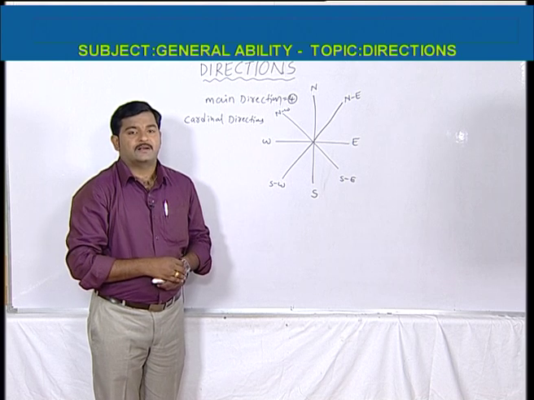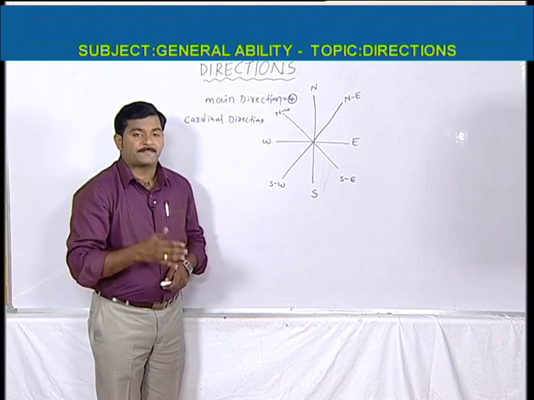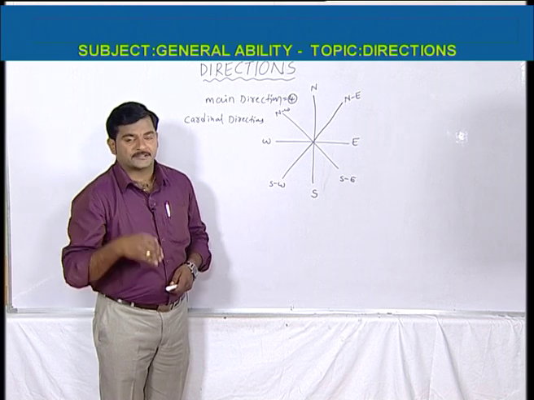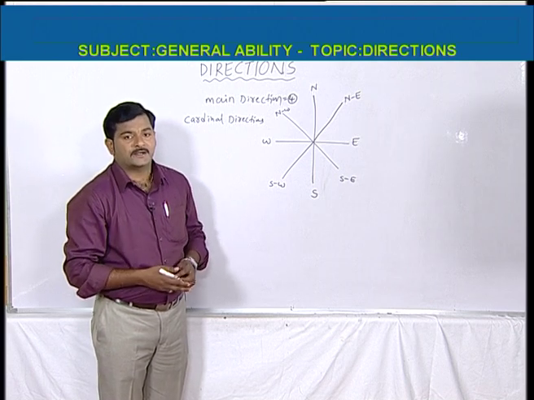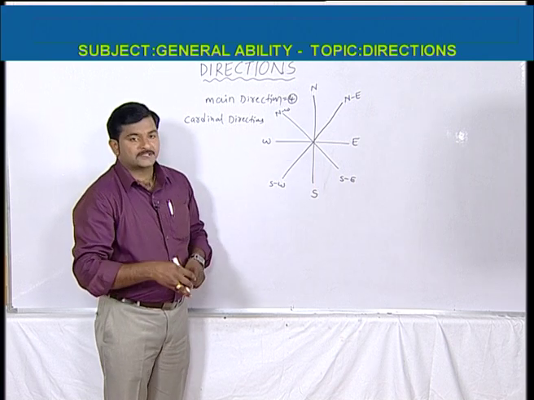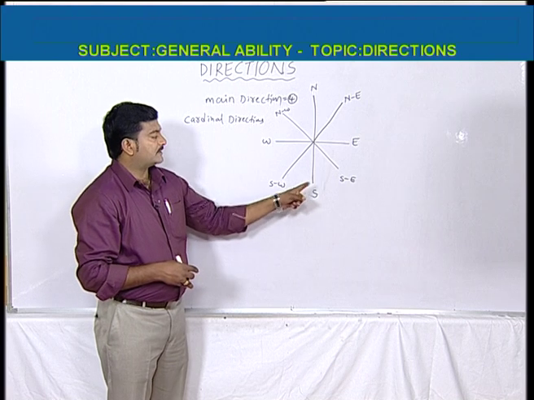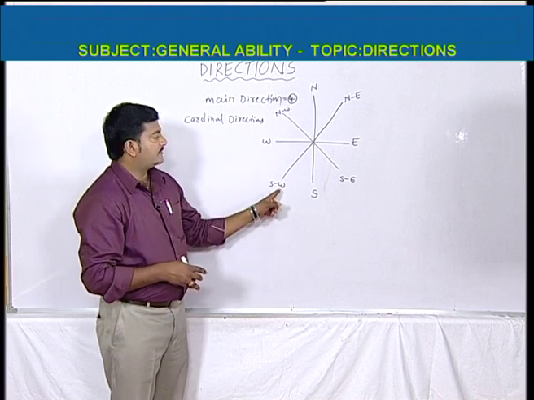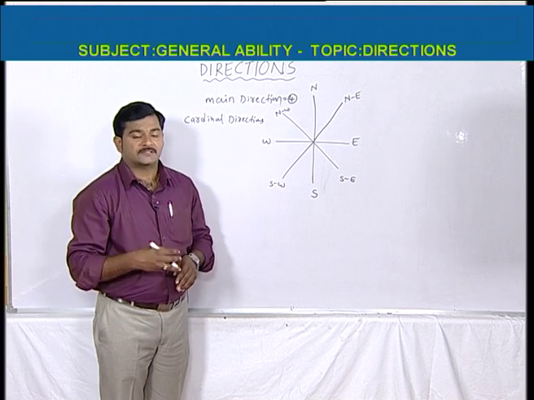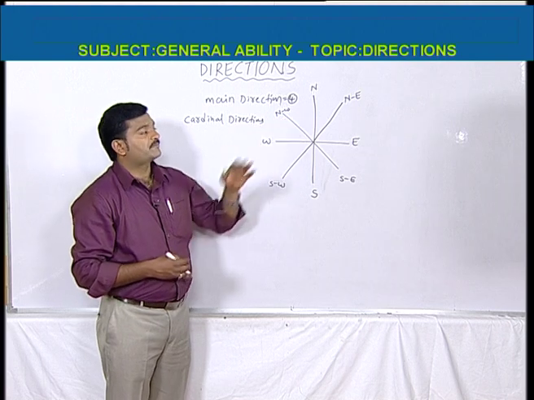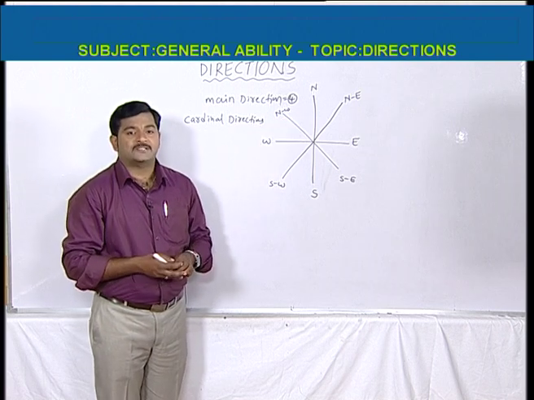Similarly, the angle between every two consecutive cardinal directions is also 90 degrees. The angle between northeast and southeast is 90 degrees, southeast and southwest is 90 degrees, southwest and northwest is 90 degrees, and finally northwest and northeast is also 90 degrees.